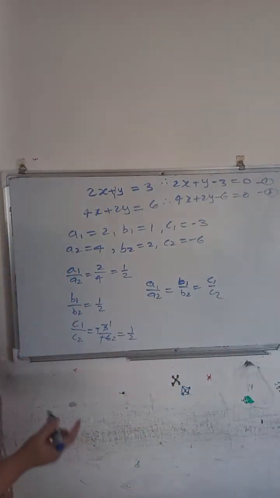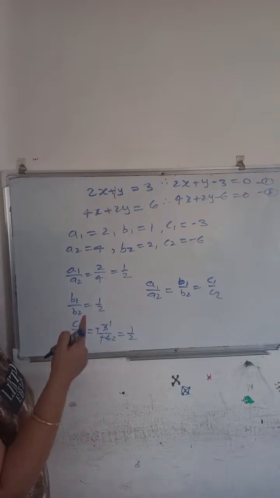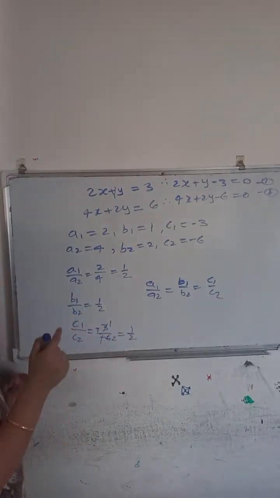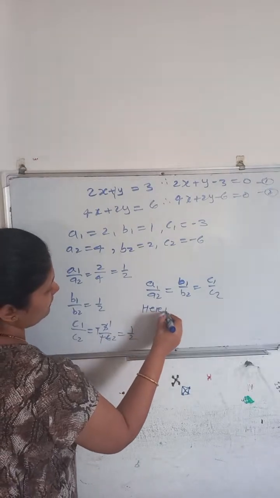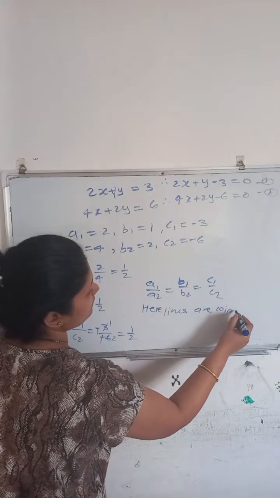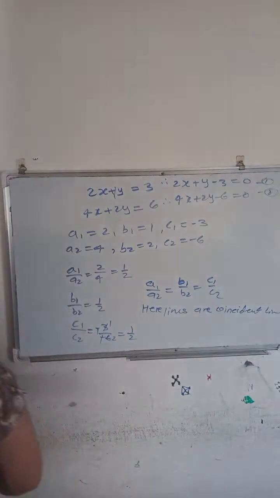This condition is verified when the lines are overlapping or coincident. So here the given lines are coincident. For writing the statement also you get a half mark. Here the lines are coincident lines. Write down this.